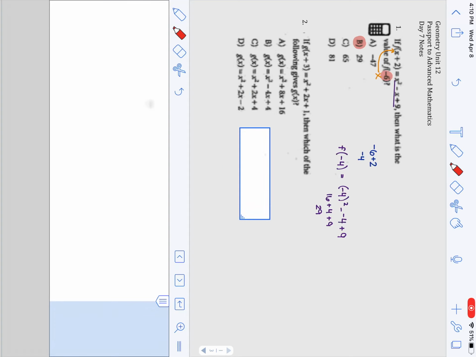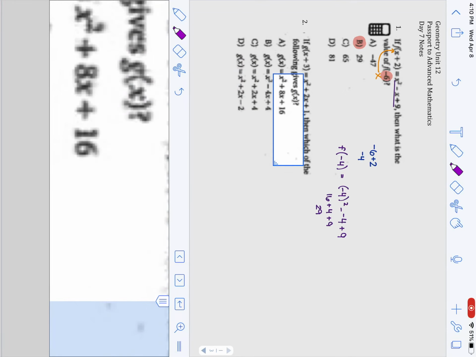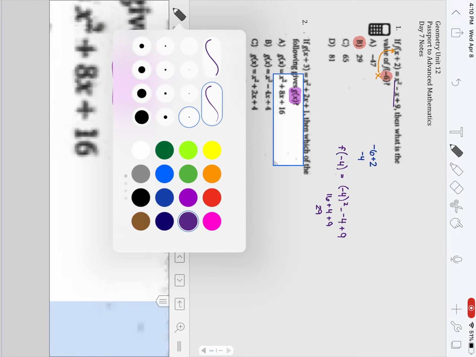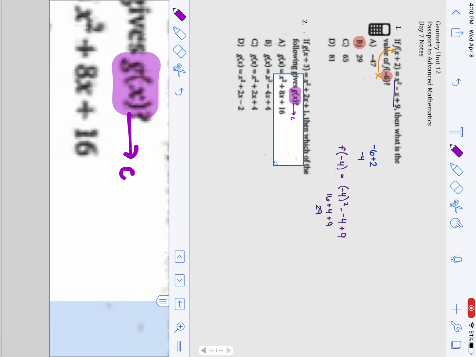Okay, question 2, a little bit trickier. It says if g of x plus 3 equals x squared plus 2x plus 1, then which of the following gives the function g of x? So I would think of g of x as your original function.